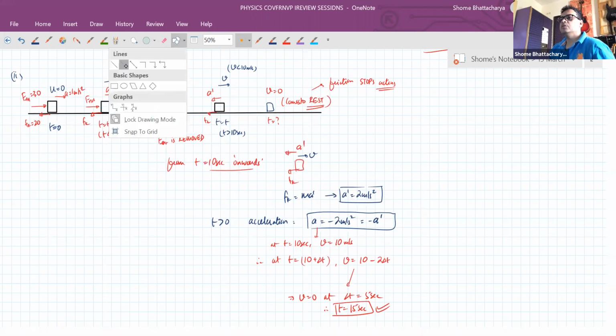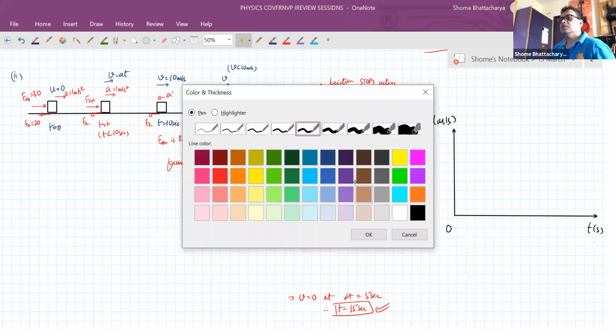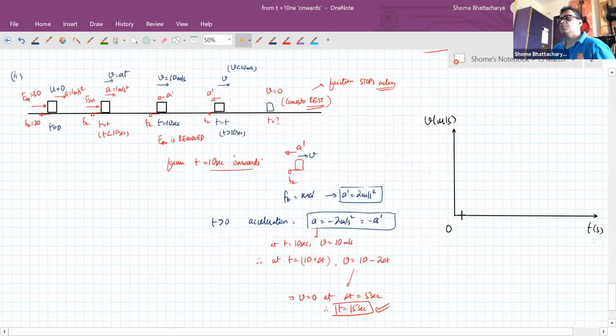And we can also visualize the whole thing nicely like this, that if we draw velocity versus time graph, it will behave like this. Velocity in meters per second versus time in seconds. So this graph will show us very nicely the kinematics of the motion. कि पहले क्या हो रहा था? For the first 10 seconds, वो 1 meter per second square पे accelerate कर रहा था.